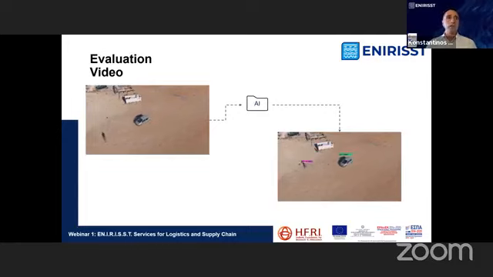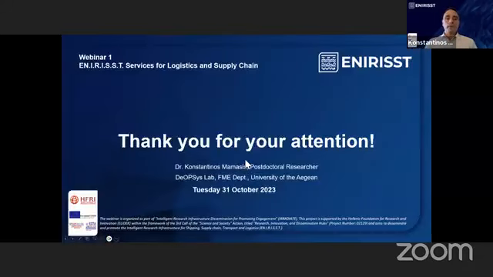So this AI object detection mechanism is trained to detect only persons and cars inside a hub facility. This is all from me. Thank you for your attention, and I hope you enjoy the videos.